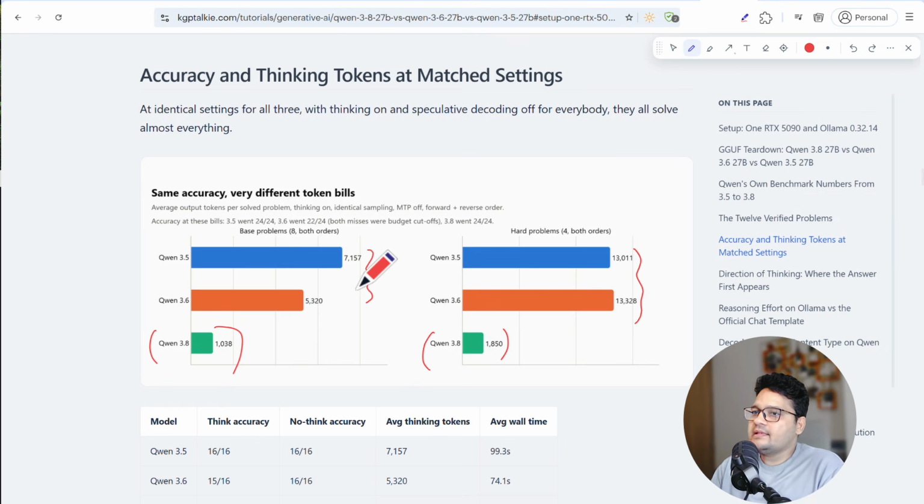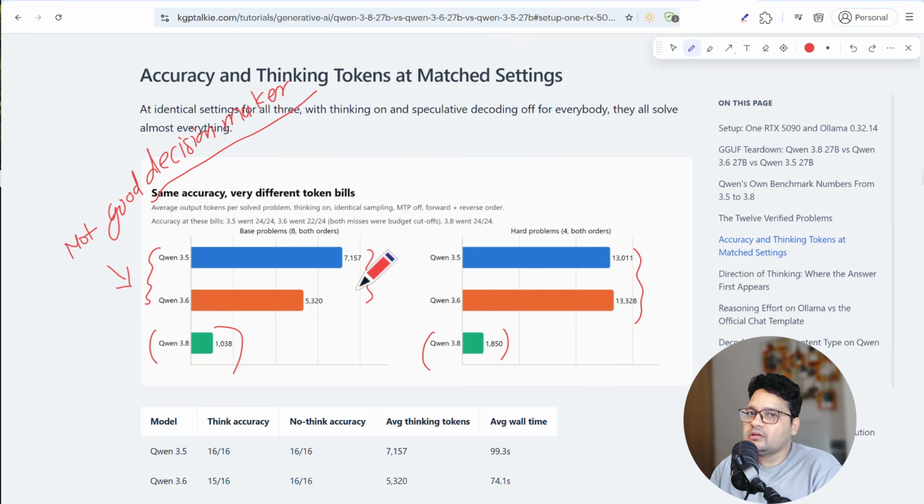Okay. So that is why I said these models which you are currently seeing here are not good decision makers. So if a particular model is not good in taking decisions, that means they are not good in tool calling. That is why you will notice Qwen 3.8 really performed excellently in agentic coding.